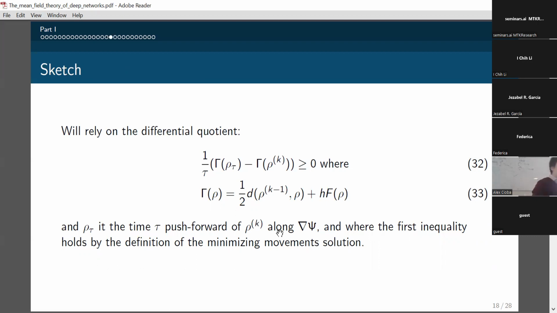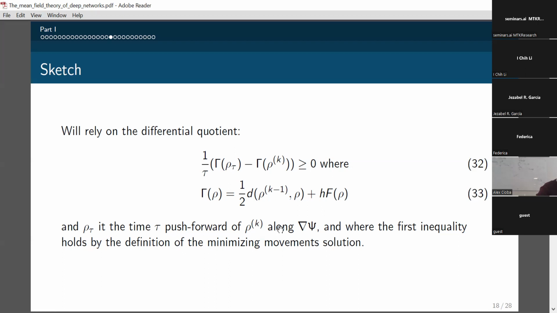So the idea is that you only have the variational principle given by the minimizing movement scheme to rely on. So all you know is that for arbitrary distributions, these are worse than the minimizer of the minimizing movement scheme for each individual k.